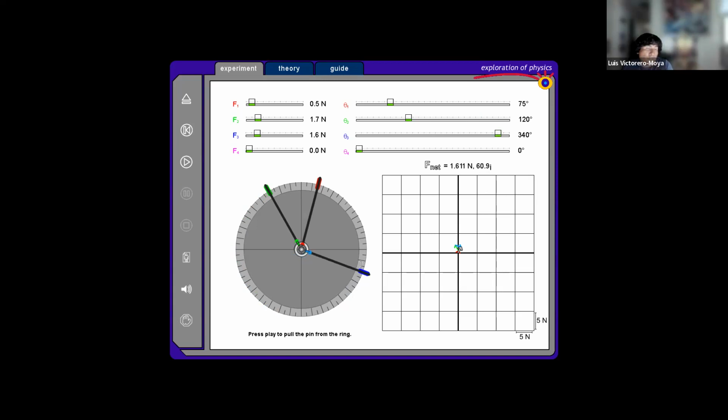Yeah. So you have to sketch, but this one is actually very similar. Like here they give you the result of these three forces, and it's supposed to be 60 degrees. So the equilibrium force will be 1.6. The angle was at 60, 240.